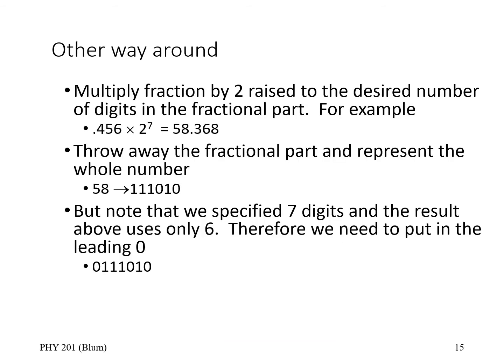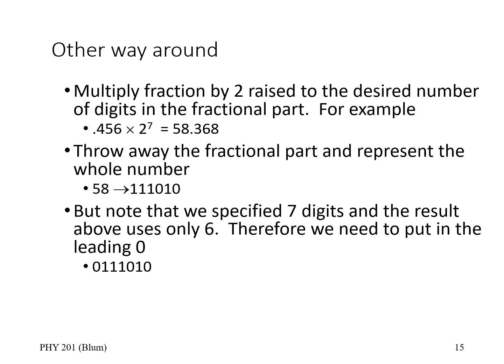We can turn this check around and use it as a way to find our binary string and replace the repeatedly multiplying by 2 algorithm that we started with. So we take the 0.456 and we multiply by 2 raised to the number of desired bits. And so we were working with 7. So we will do 0.456 times 2 to the 7th. We will get 58.368.